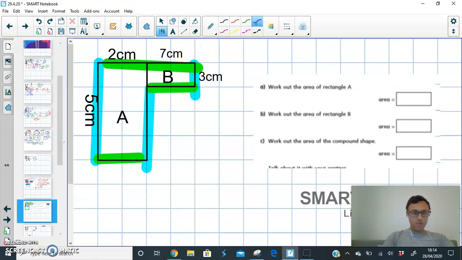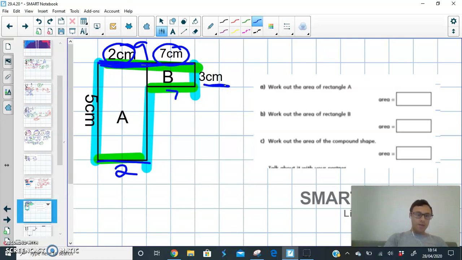So if I know that this is 2 and this is 7, in total along here then is 9. So if this is 2, this part here is also 2, which means this part here is 7 again. And then going down, if this part here is 3, and the whole long side here is 5, what do I add to 3 to get to 5? Well, I add 2, so that's 2 centimetres there.